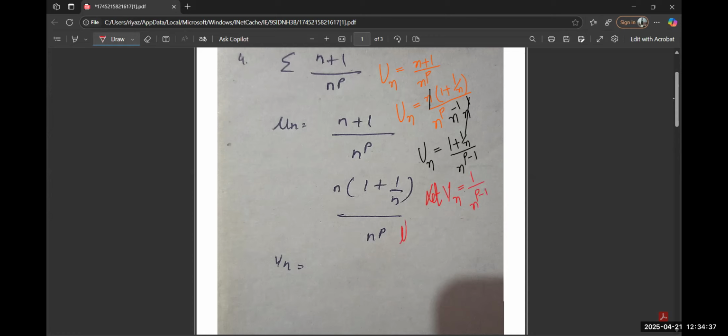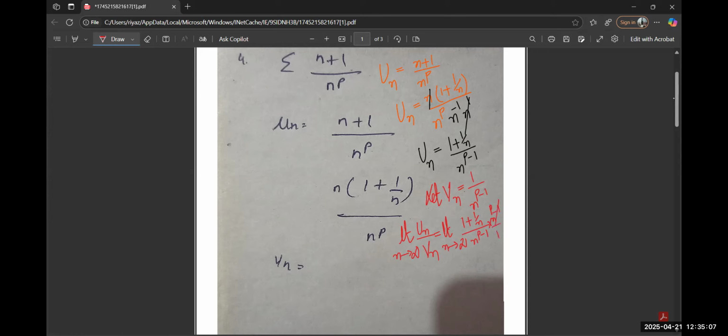Next step is limit n tends to infinity of UN by VN, which is equal to limit n tends to infinity of UN, which is 1 plus 1 by n, by n to the power of p minus 1, multiplied by n to the power of p minus 1 by 1.